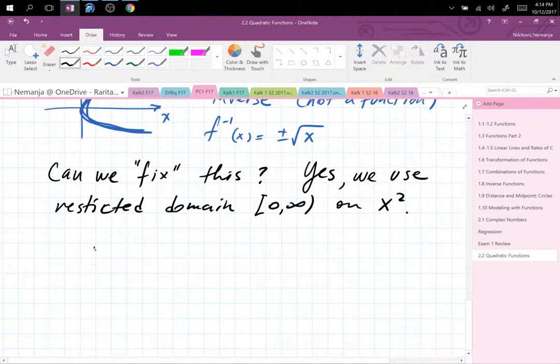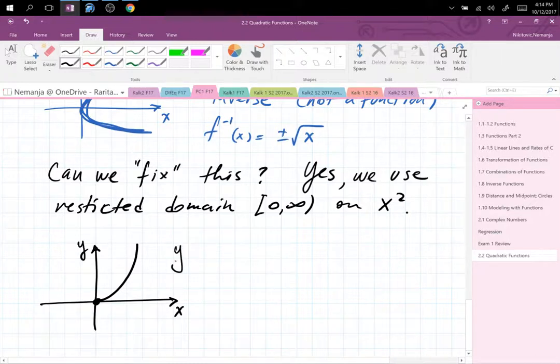So how does it graph? It graphs this way. That's it. So we are taking half of the entire graph, and now this is still y equals x squared, but on the restricted domain 0 to infinity.